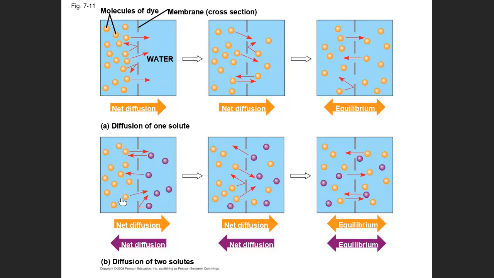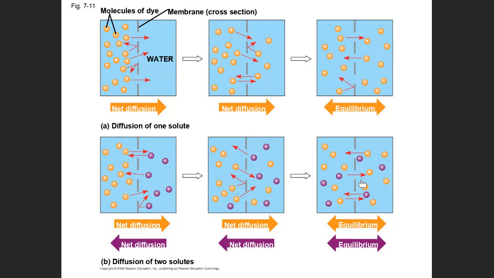If you add more than one solute, and they can get through the membrane, they will move to the other side until equilibrium is reached. We have equal concentrations of both solutes on both sides of the membrane.